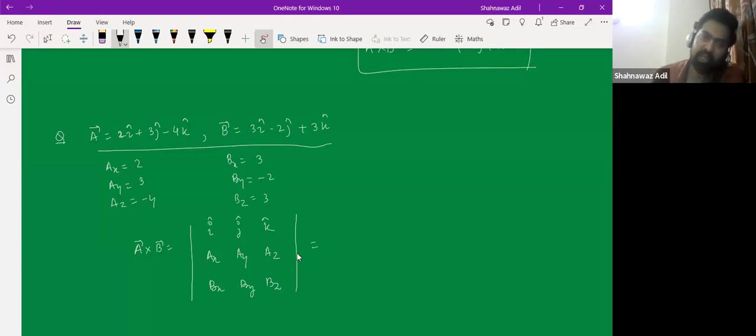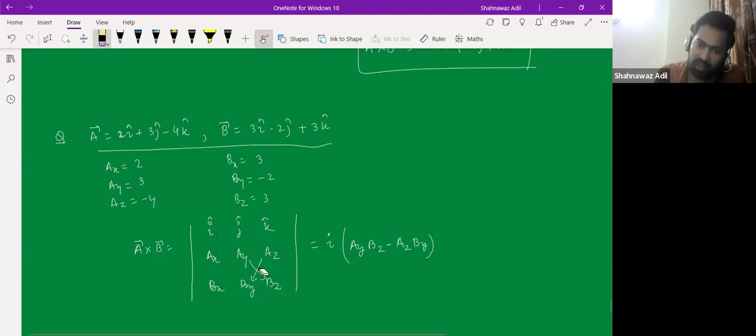Then if we take this column and this row, so this is discarded, right? If we take i hat, then this is discarded, and then we have this one and this one. So AY BZ minus AZ BY, right?